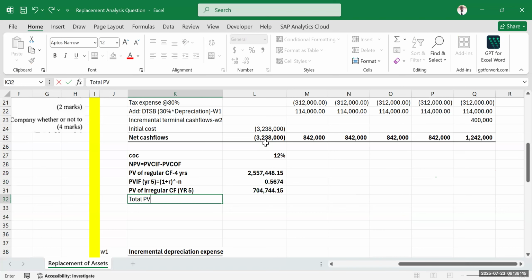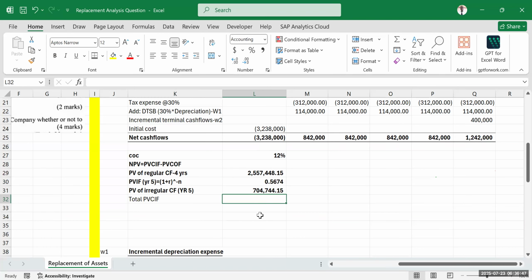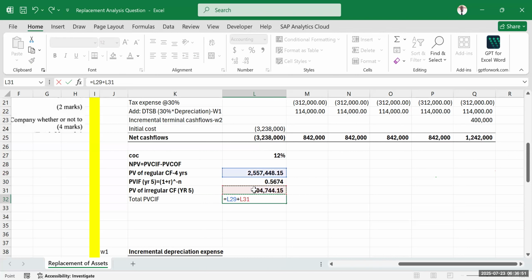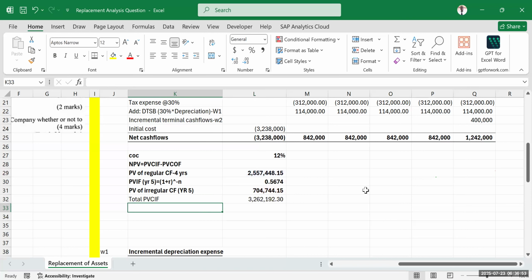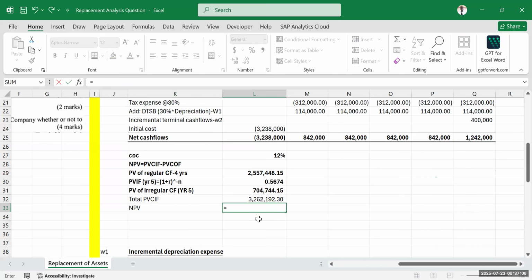Total present value of cash inflows, like that. And this is the total of the irregular plus total of the regular one. And there we have our total present value. And there we don't have any problem. We can also go ahead and see what is the net present value of this decision. And there we compare the total present value of cash inflows with the initial investment or the total present value of cash outflows.